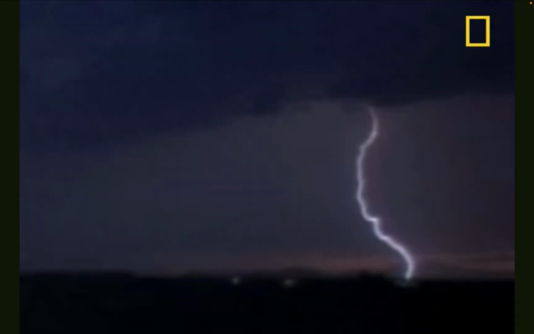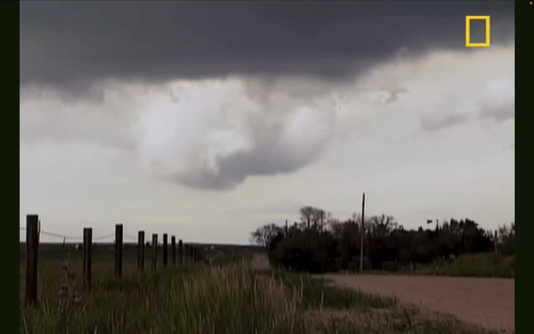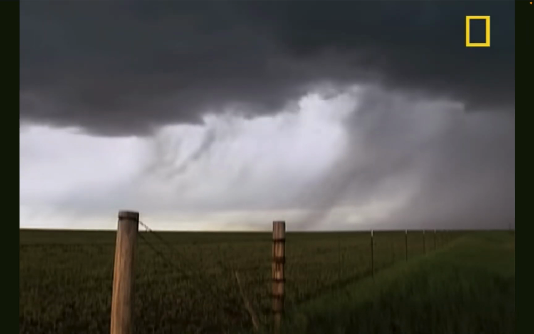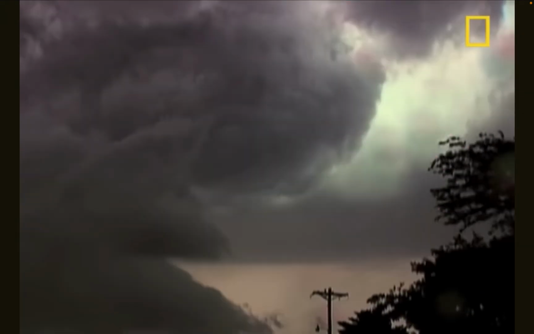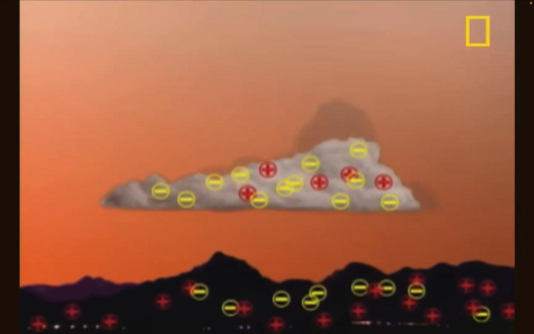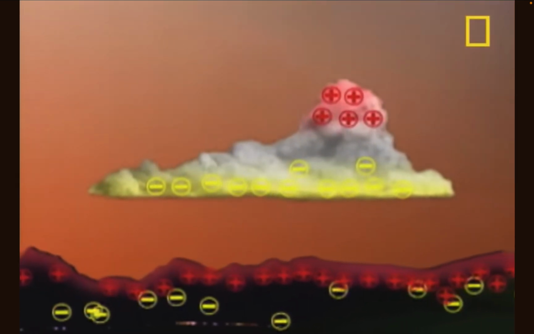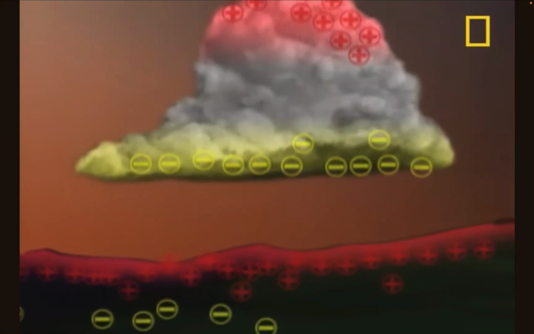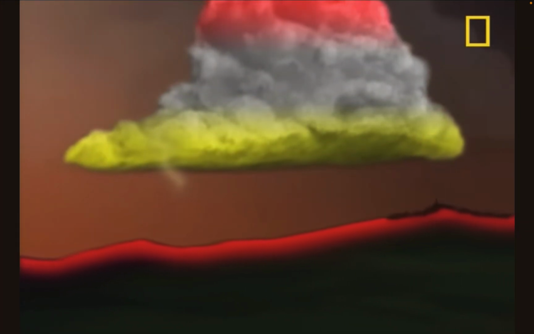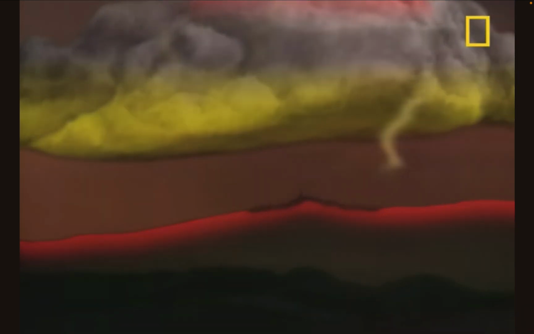The bursts of light are pure electricity. Scientists don't fully agree on what actually causes the electrical charge to be dispersed, but it is generally thought that lightning often occurs within the downdrafts and updrafts of thunderstorms. Lighter particles moving toward the top of clouds become positively charged, while heavier particles sinking toward the bottom become negatively charged. When the positive and negative charges grow large enough, lightning is released between these regions.